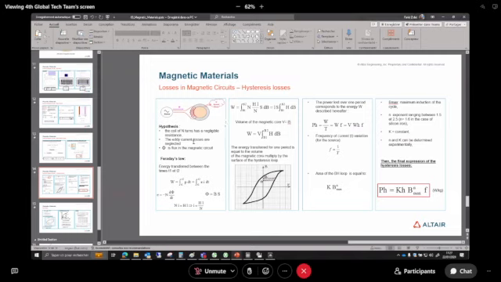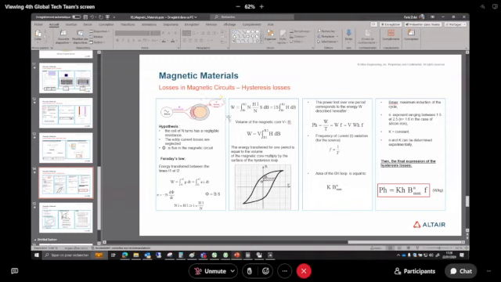So we can say that we neglect the eddy current losses, but we will still observe these losses in the measurement if we deduce, of course, the Joule losses on the coil.